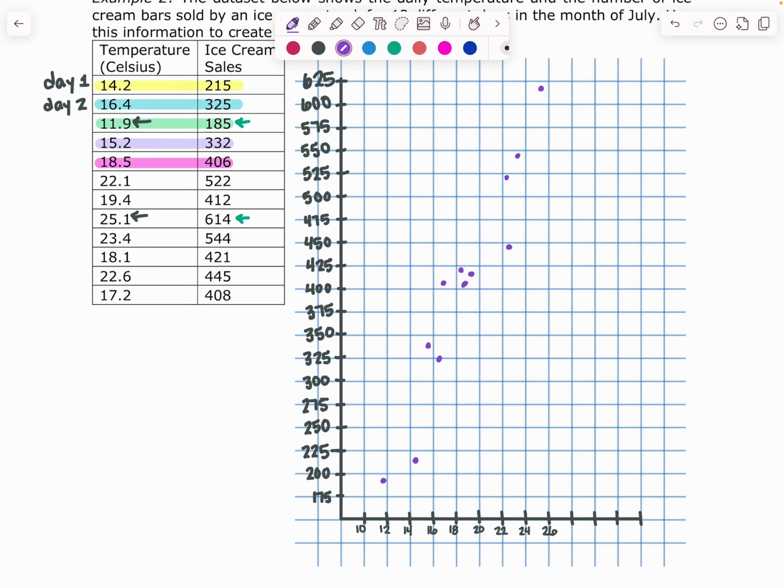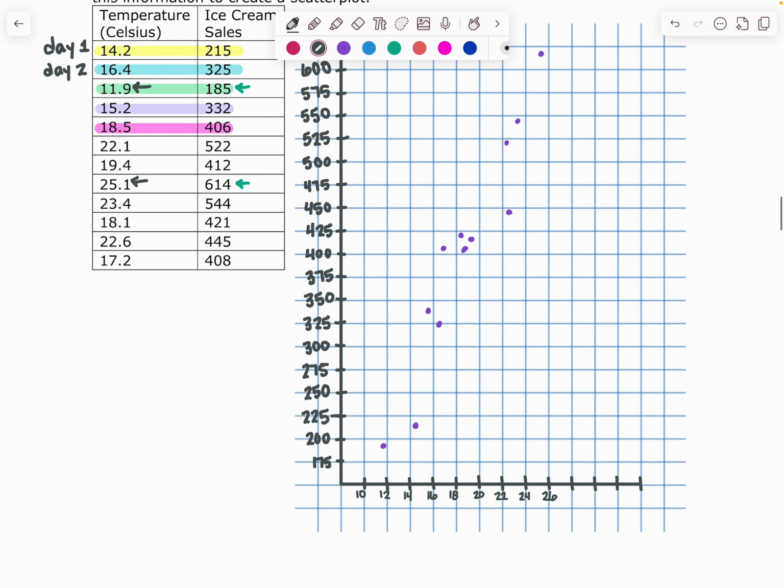There is our scatter plot. If I wanted to describe the direction, actually I'm missing some things. Let me reverse real quick. I'm missing my labels. This is the temperature. These are the sales.